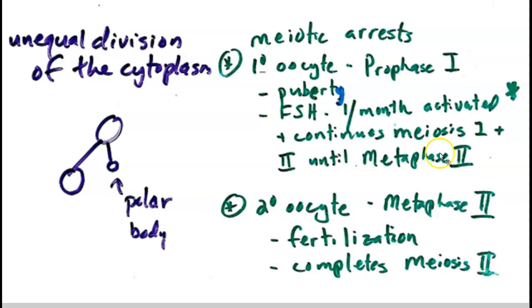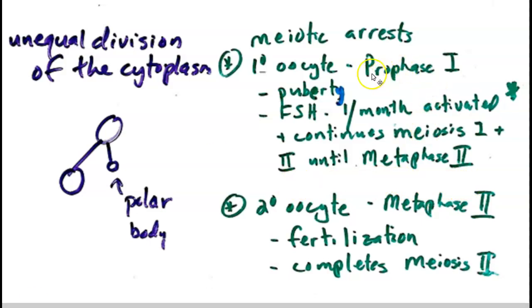Then a particular hormone, the follicle stimulating hormone, causes one of those eggs to be activated per month. And only then will that oocyte continue on with meiosis. So it will continue meiosis 1 and continue on to meiosis 2 until it gets to metaphase 2.